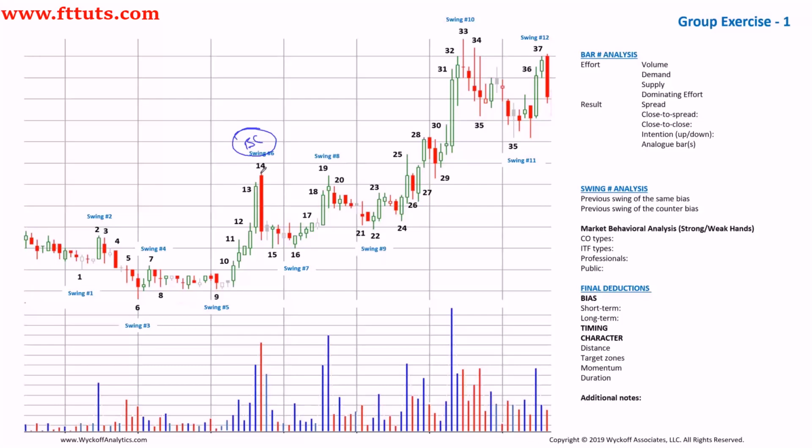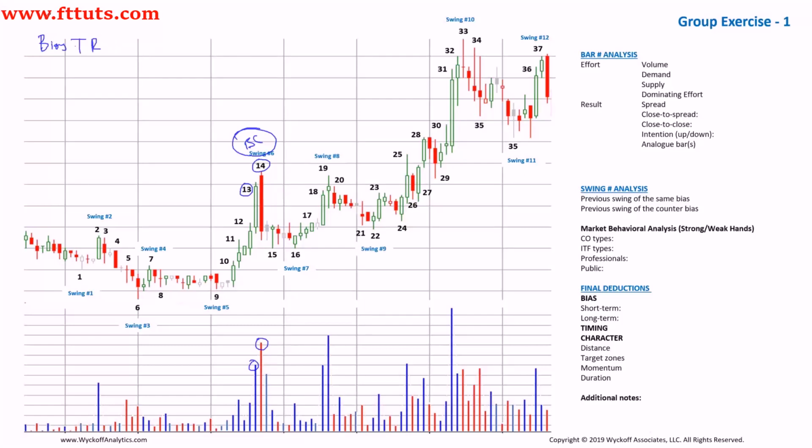So if this is a buying climax, let me ask you this question. Looking at bar number 13 and bar number 14, could we speculate about the bias of a trading range that's going to come?